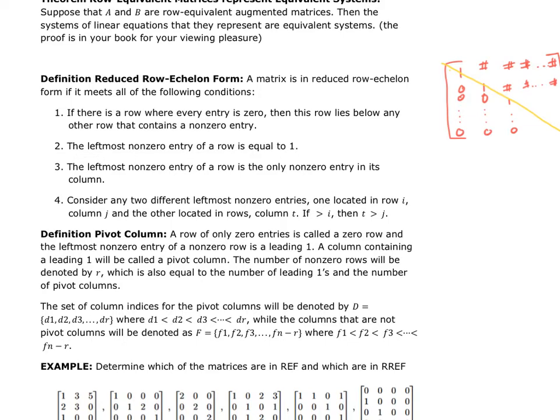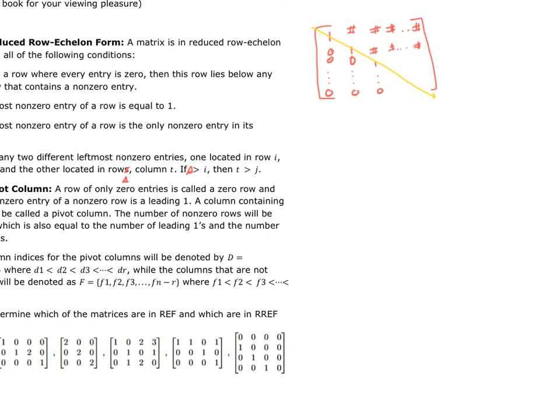Now if we take a look at number 4, consider any 2 leftmost non-zero entries, one located in row I, column J, the other located in row S, column T. If S is greater than I, then T must be greater than J. And what that's saying is that for this to be in reduced row echelon form, I can't have a matrix that looks like this: 0, 1, 0, 0, 5, and then 1, 0, 0, 0, 3.